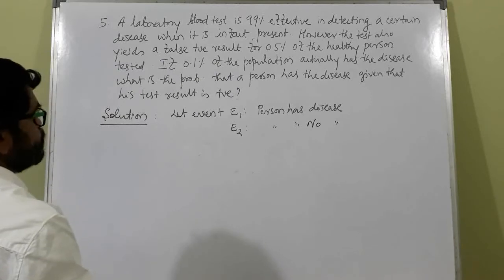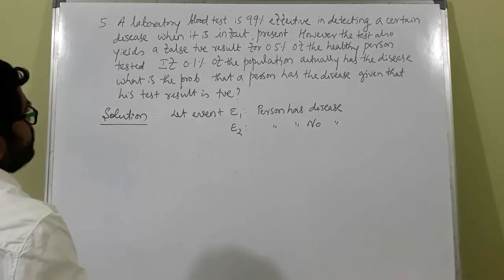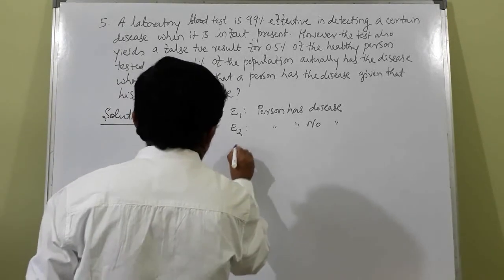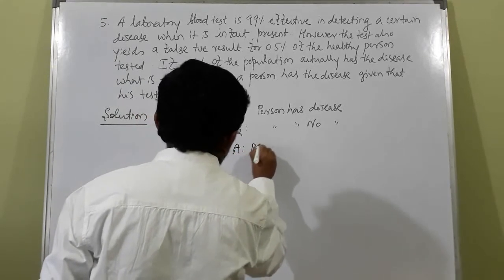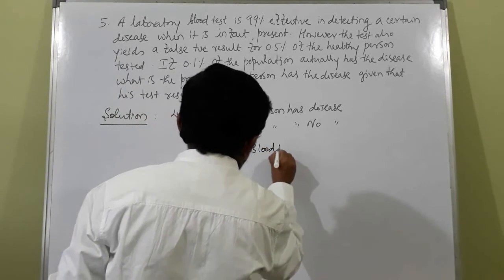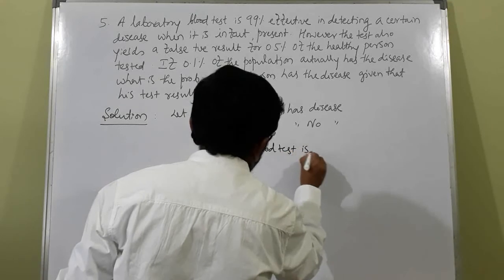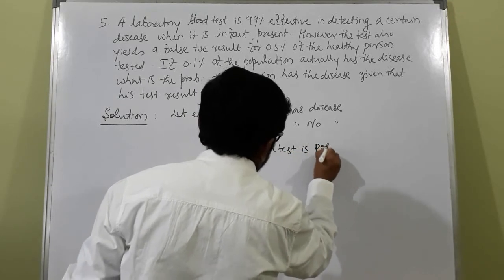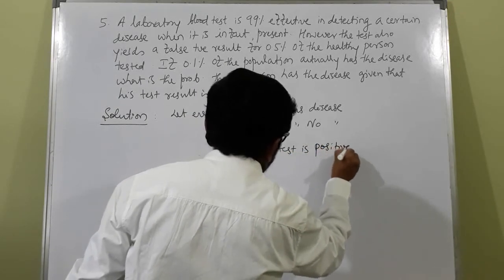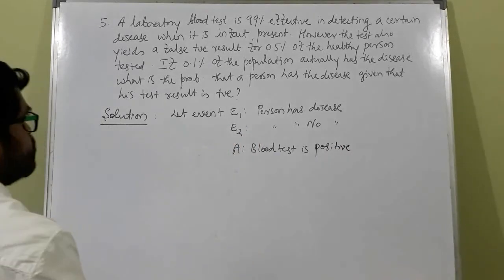Okay, event A is the blood test is positive. Event A is the blood test is positive.